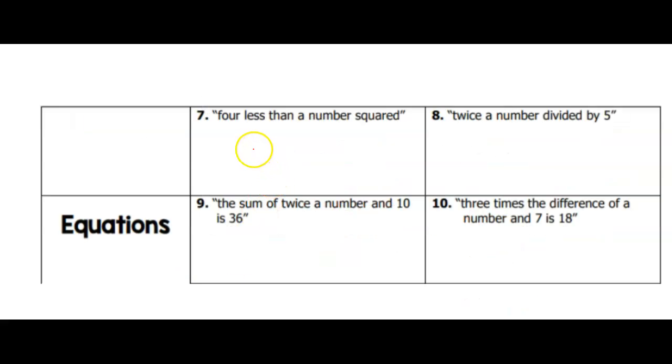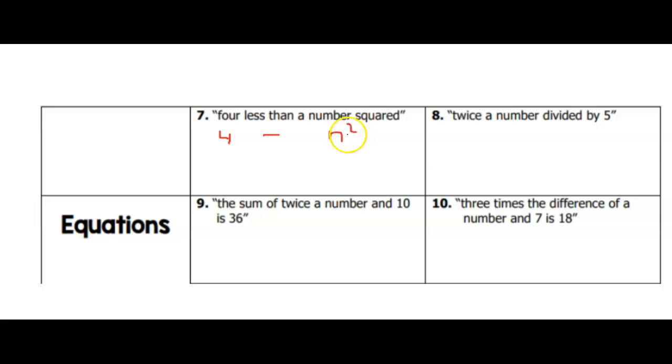And it says 4 less than a number squared. Okay, 4 less than a number squared. So I know that what I'm dealing with is the number 4, less than is subtracting, some number is n, and then squared is to the second power.